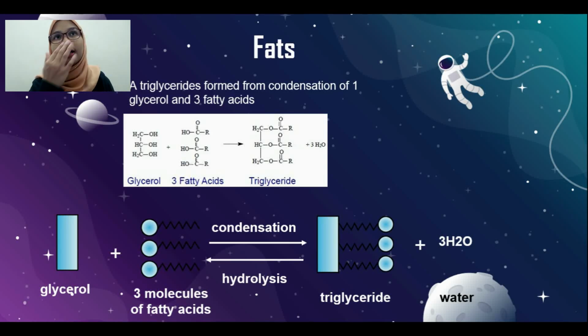So when we eat any fats, usually what we eat is triglyceride, which will be broken down into glycerol and three molecules of fatty acids through hydrolysis, and it will release energy that our body can use. And the triglyceride level can be affected by other factors such as alcohol intake and also our diet.